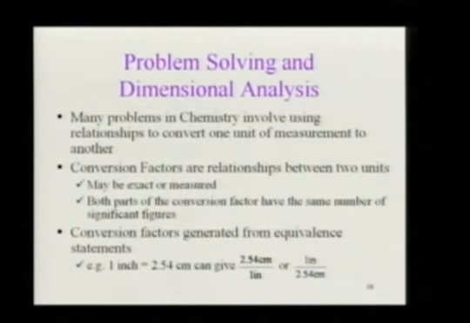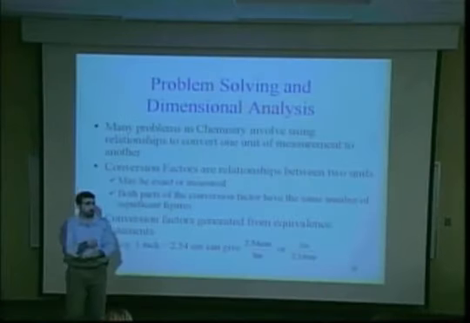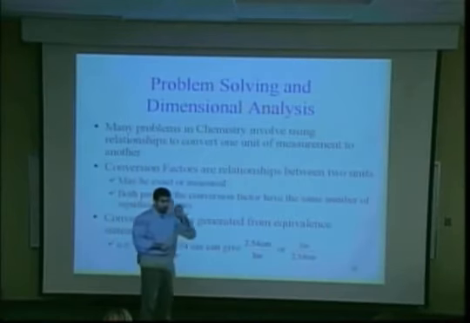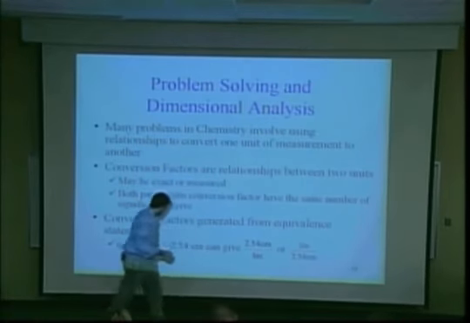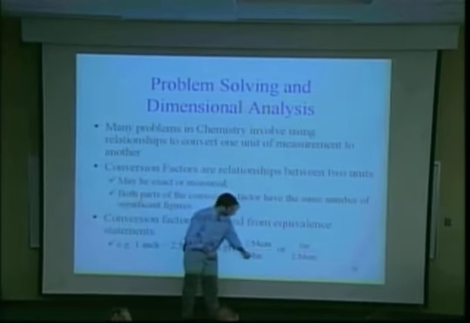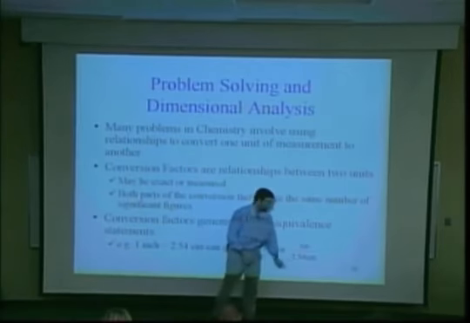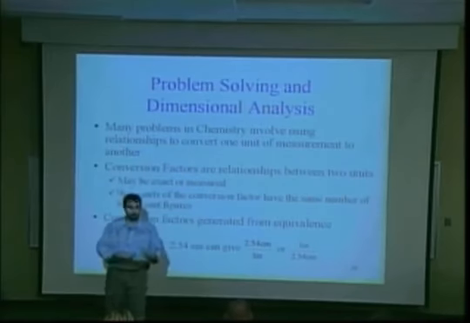So we're going to put these together in fractional form and call it a ratio that we're going to use as a conversion factor. So what that means is, depending on what I'm starting with and where I'm going, as you will see in the examples, I can express this equivalency either like this, 2.54 centimeters over 1 inch, or I can say 1 inch over 2.54 centimeters. It doesn't matter. Okay? Either way expresses the fact that they are related to one another.